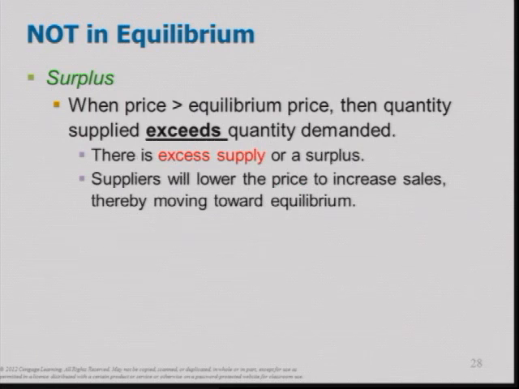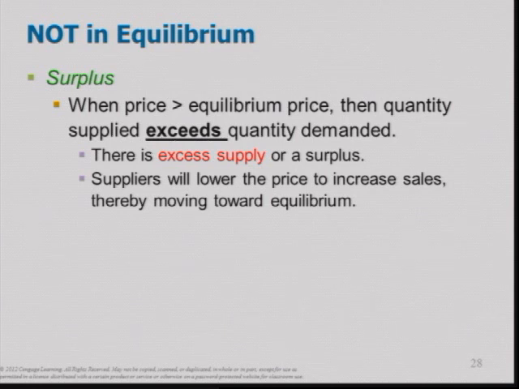All right, let's take a look at the textbook definition, then we'll look at an example. When the price is too high, when the price is greater than the equilibrium market clearing price, quantity supplied is actually going to be greater than quantity demanded. Remember, at equilibrium, right where we have that dot where they both crossed, quantity supplied and quantity demanded are equal.